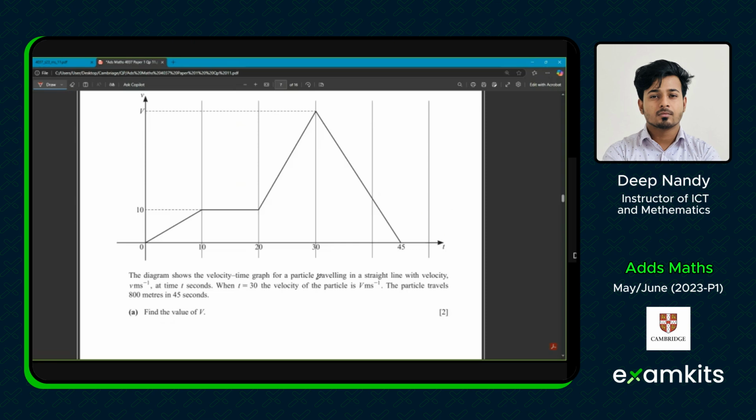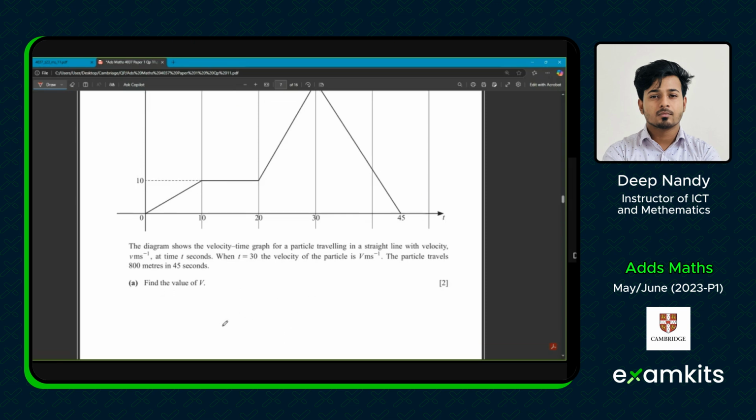The particle travels 800 meters in 45 seconds. This is the given information. We have been told to find the value of v.